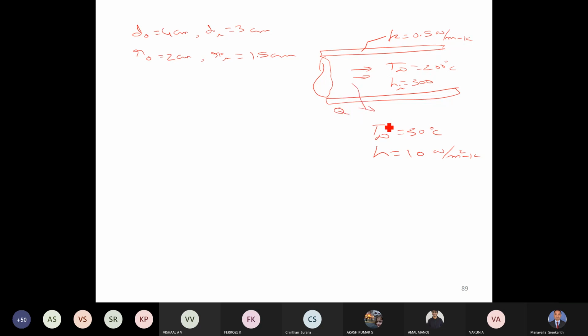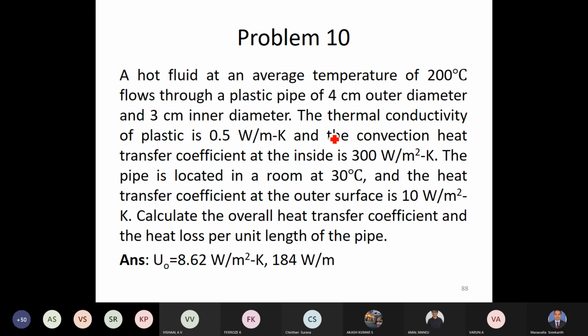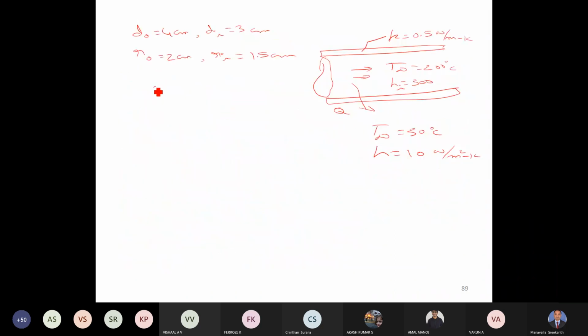You can see the resistances available for transferring heat: firstly, the internal convection, then the conduction resistance of the pipe wall, and also the convection resistance on the outside of the pipe. These are the resistances the system has to overcome before transferring the heat. We are to find the overall heat transfer coefficient and the heat loss per unit length of the pipe. Unit length L is equal to 1 meter. So this is the problem.